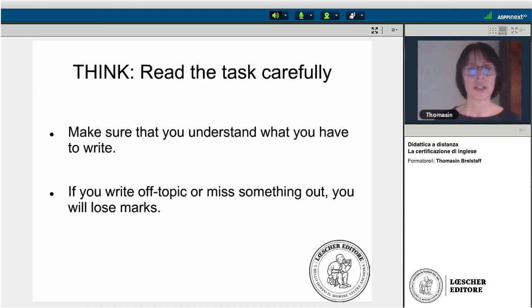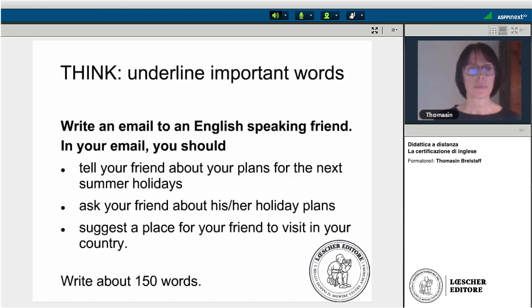Let's look now at a generic task type. Here it is. This is one that I wrote, but it's like what you might find in a textbook, or maybe a teacher might use in a class test. Now, I'm going to make you do some work now. I'd like you to decide which words you think are the key words here.